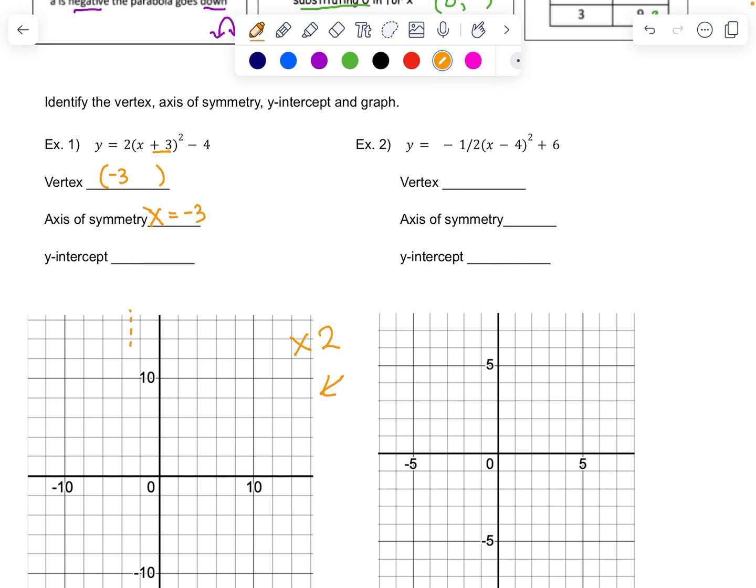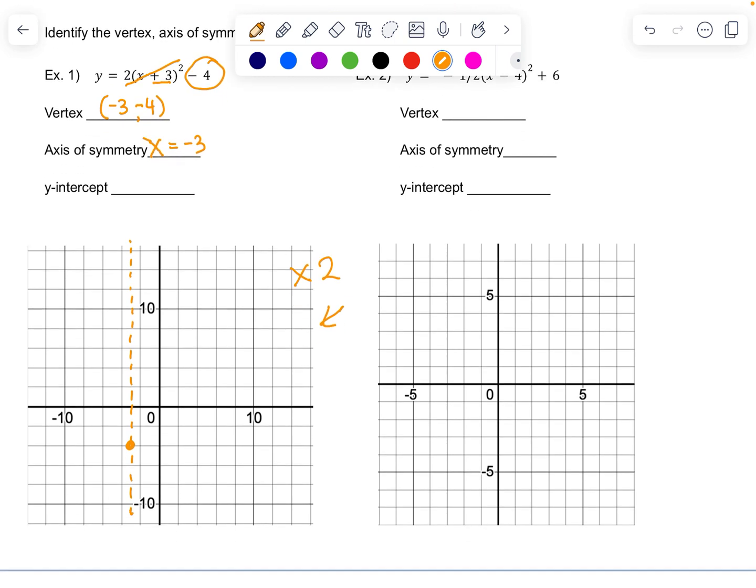So we go to -3, and remember this is by 2's. And now when we put in -3, obviously this whole thing goes to 0, and there's your k, but you can just know that that's going to be your k. So there is our vertex right here at -3, -4.